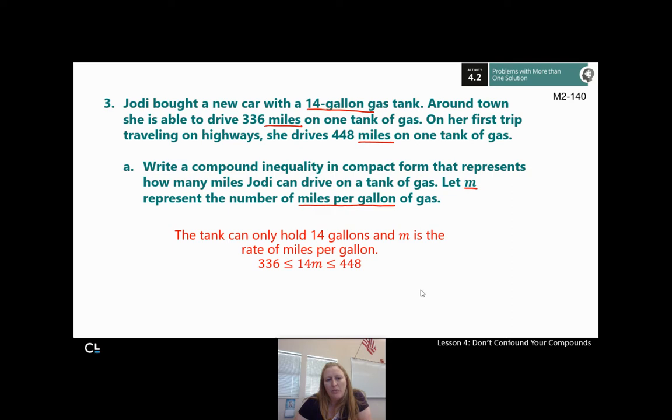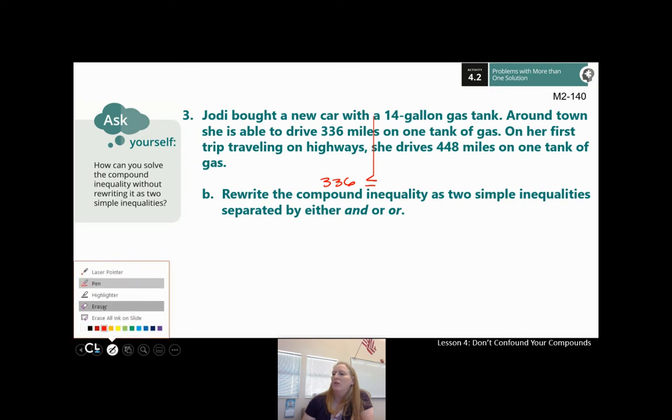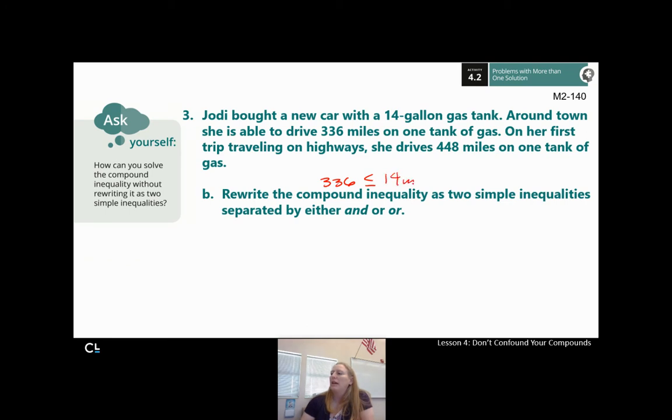So here's what I would like you to do. Can you rewrite that compound inequality? And I'm gonna rewrite it up here, right? We just wrote it. 336 is less than or equal to 14M is less than or equal to 448. You have it on your paper, but I want it on my screen so I can see it better.